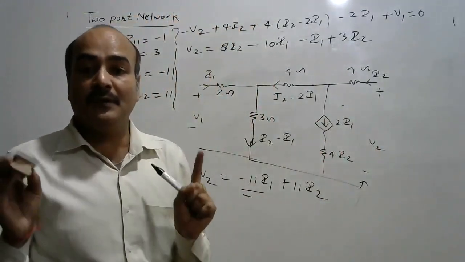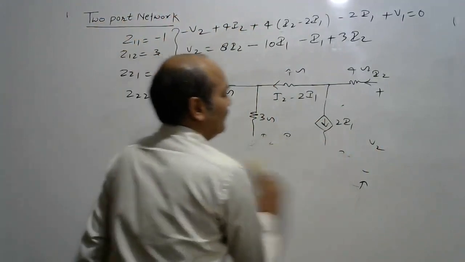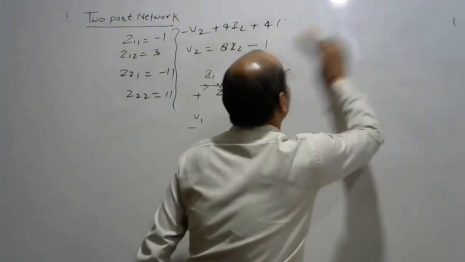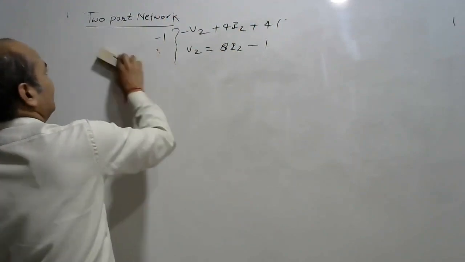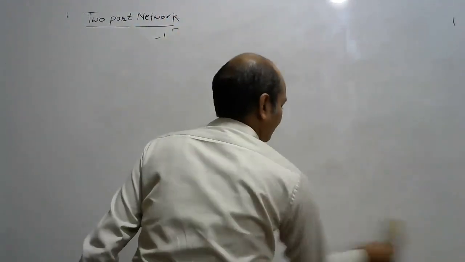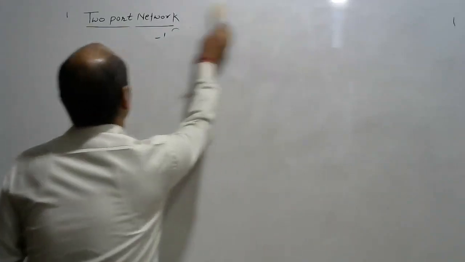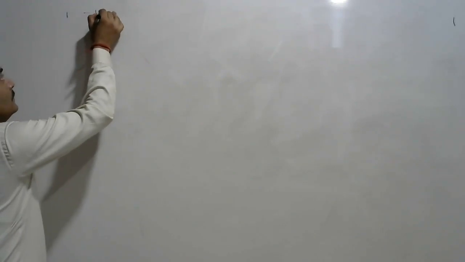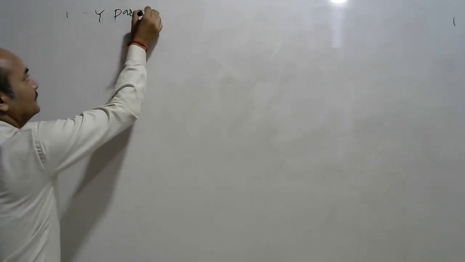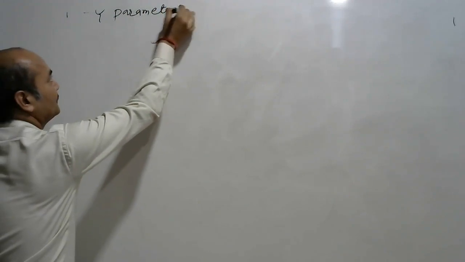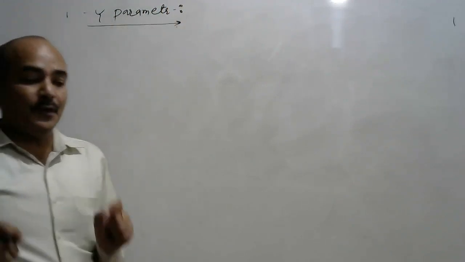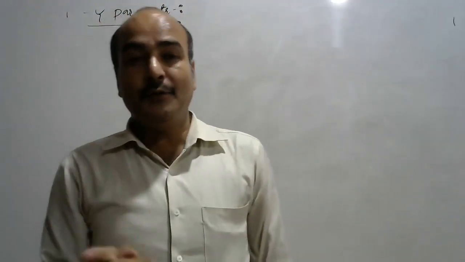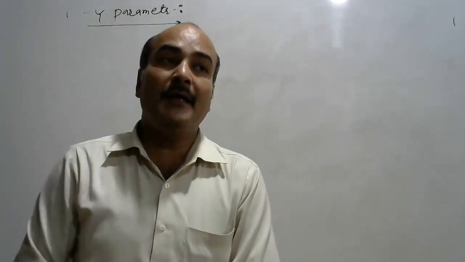Now we are talking about the Y parameter. But first, one more important point about the Z parameter. How can we find the Z parameters? One, we make I2 equal to 0, and second, I1 equal to 0.